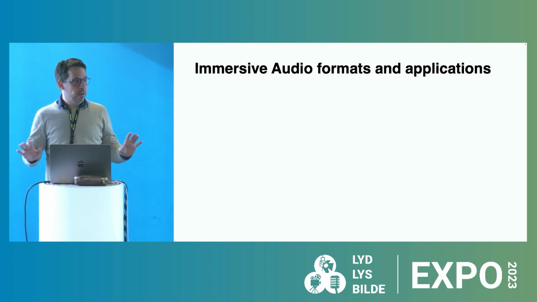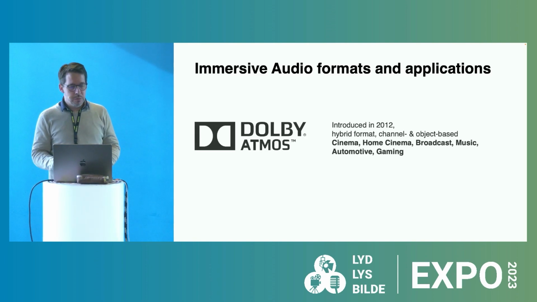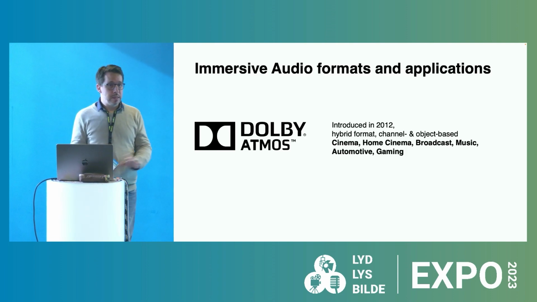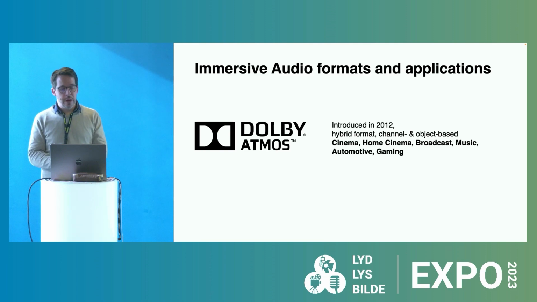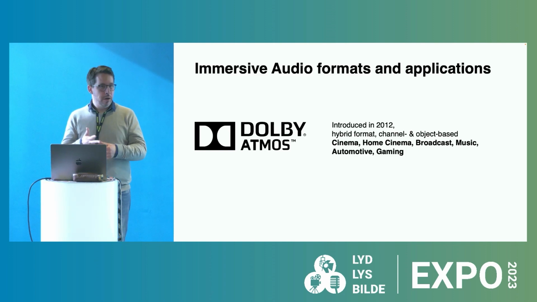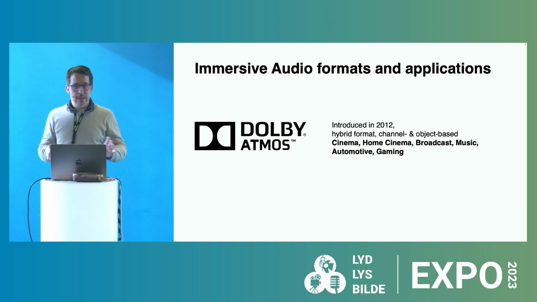I'm the commercial guy. So that's why, of course, we have to name Dolby Atmos. That's the longest and oldest format commercially available, since 2012. It's a hybrid format, so that means it can contain objects and regular channels. I hope you know a little bit about the formats and about the technology of object-based audio.